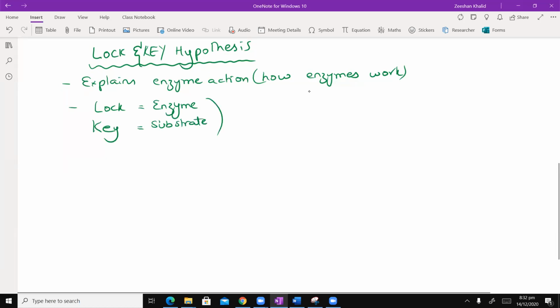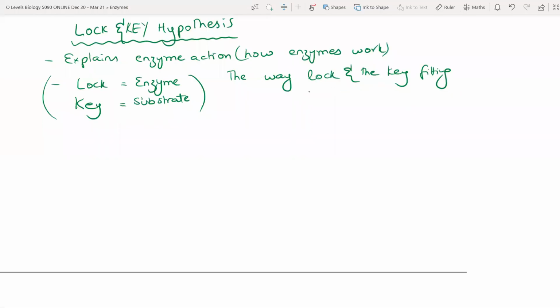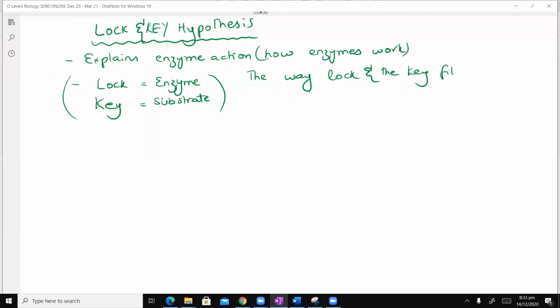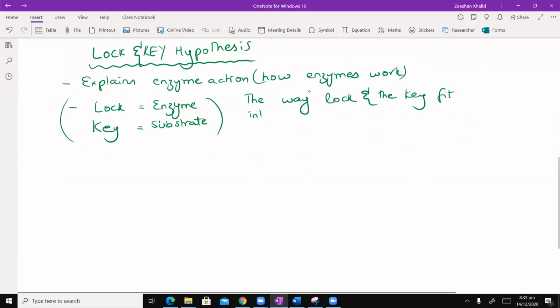Another way of explaining all of this is that the way the lock and the key fit, so it's all about the fitting analogy. The way the lock and the key fit into one another, in the same way enzyme and substrate fit into one another.